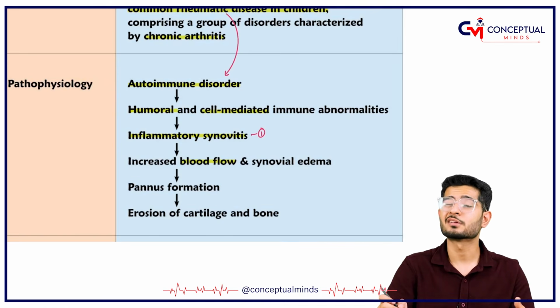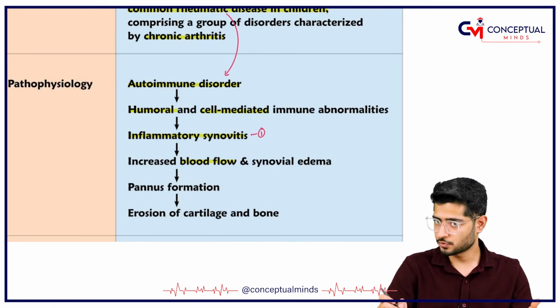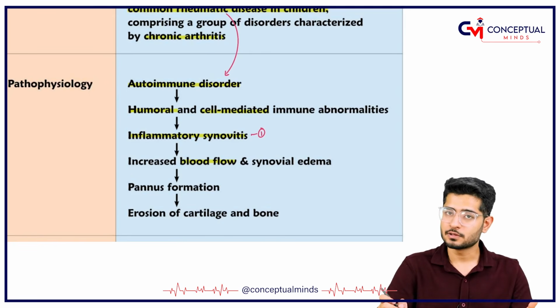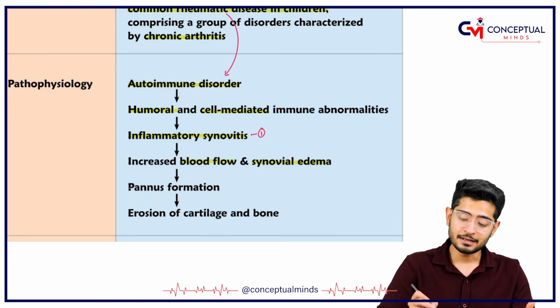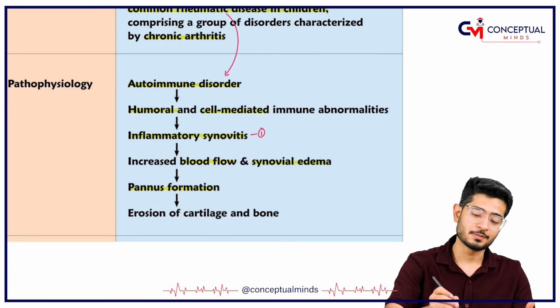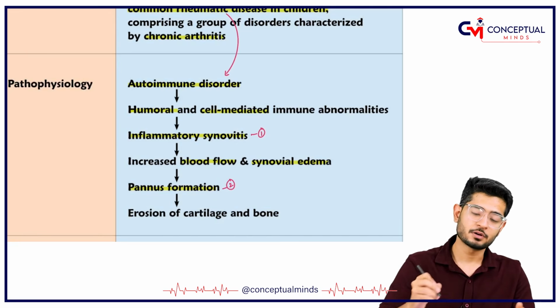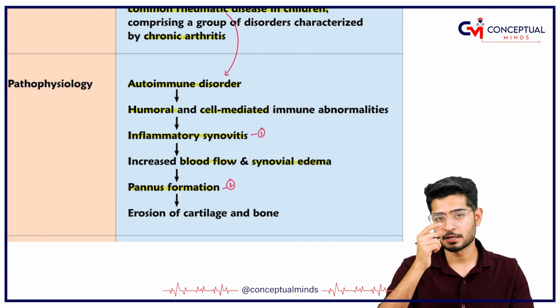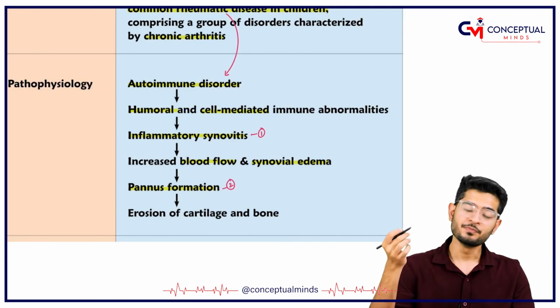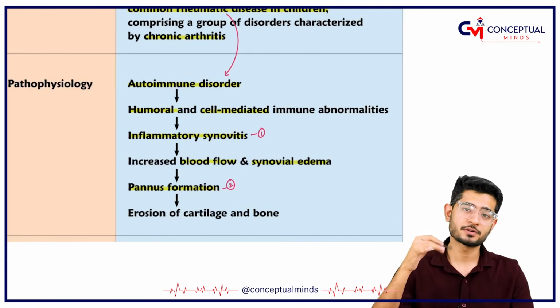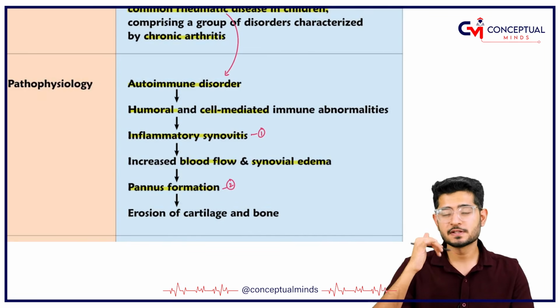That's the reason for the edema and the rubor which develop at the site of the inflammation. Since the blood supply is more, there will be synovial edema, and that leads to pannus formation. Because the synovial membrane is swelled up and a lot of inflammatory processes are going on, a lot of WBCs will accumulate.